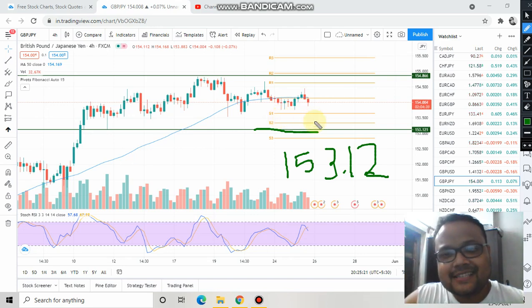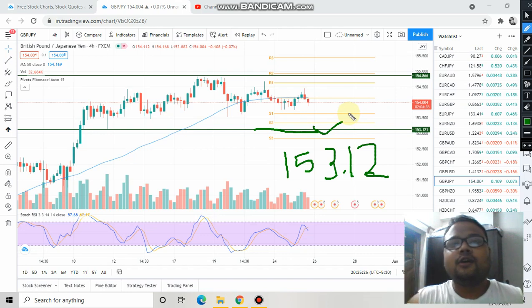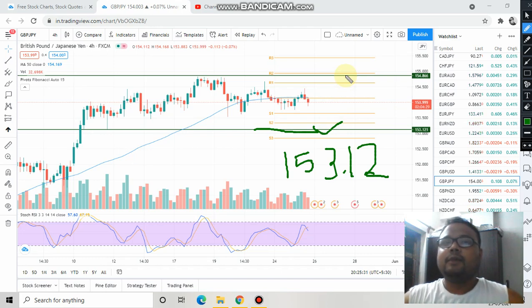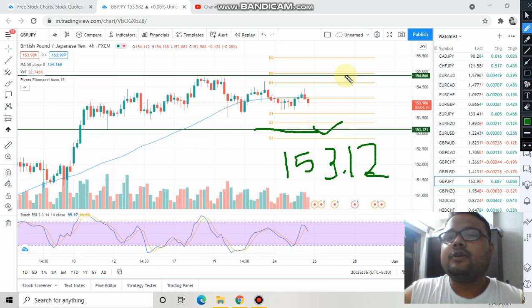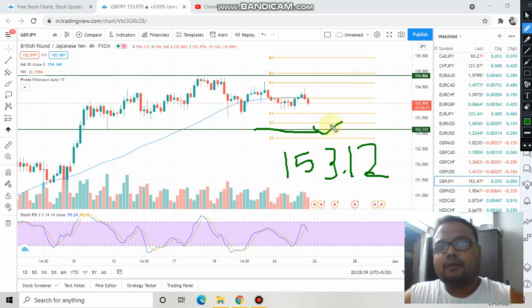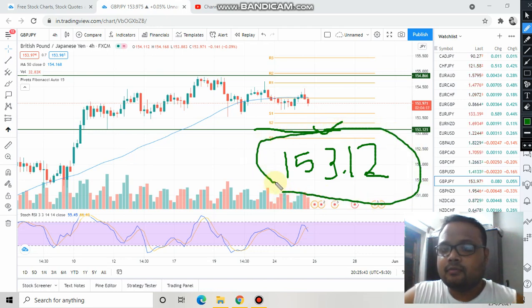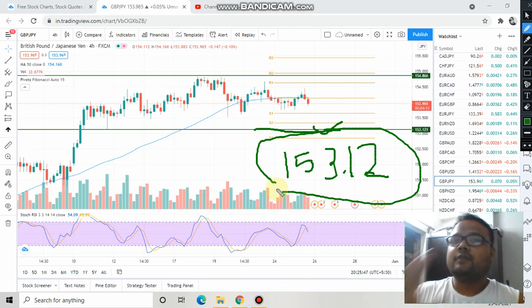If you see that price is bouncing back from here, then you can go for a quick profit. Do not expect much, because the market is in a range. There will be a battle between bulls and bears, so you can go for 20-30 pips profit max.